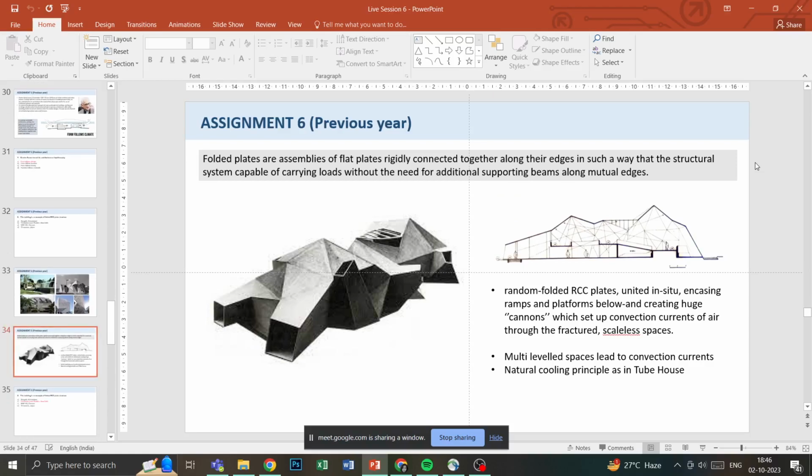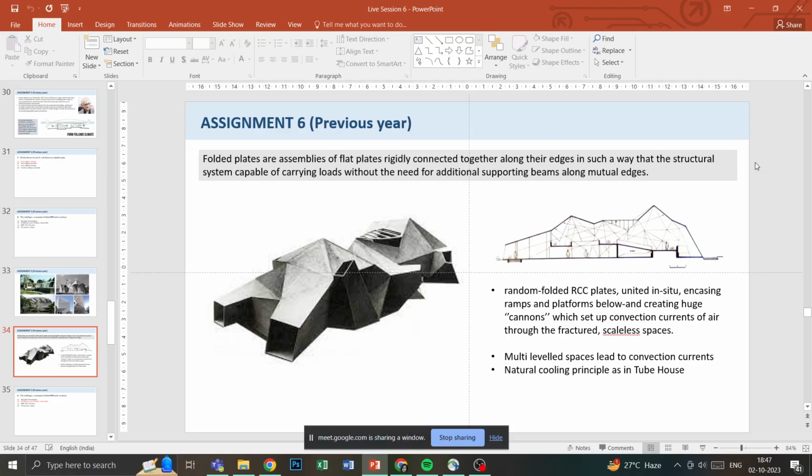So what are folded plates actually? Folded plates are assemblies of flat plates, usually made of concrete, connected together along their edges in such a way that the structural system is capable of carrying loads without the need for additional supporting beams along mutual edges.